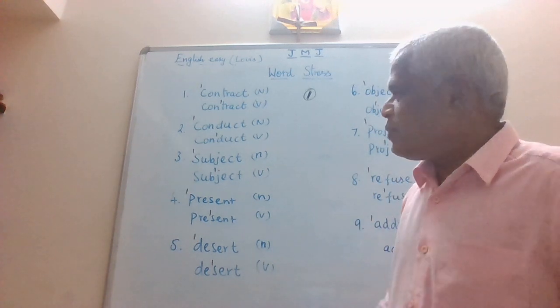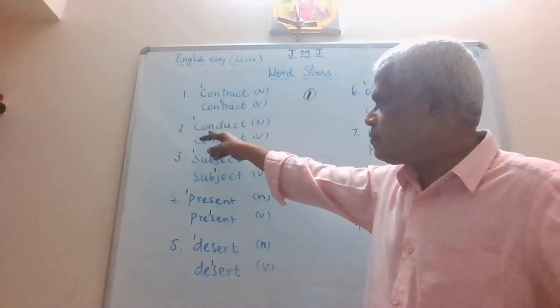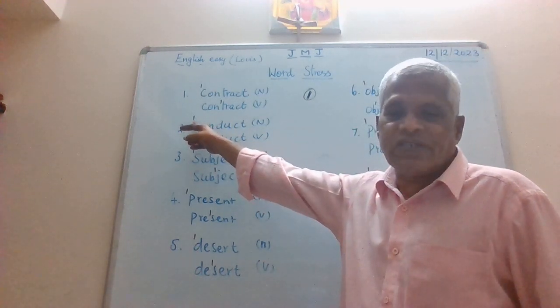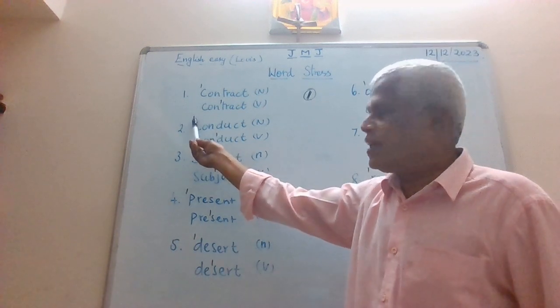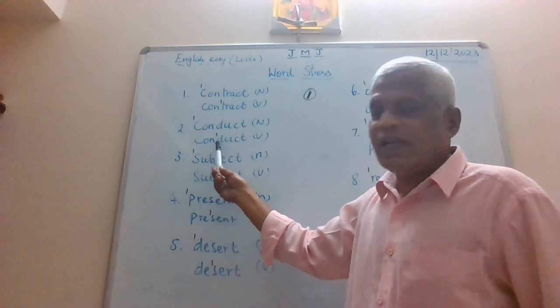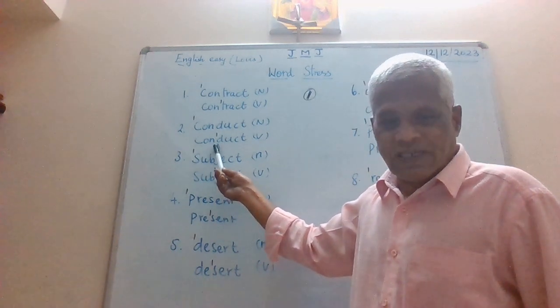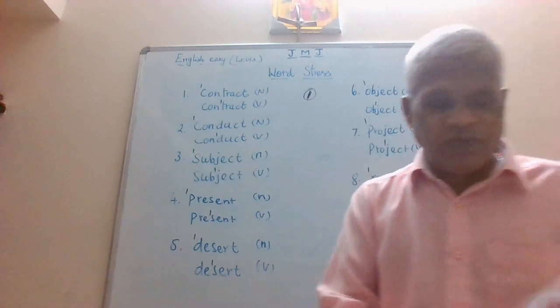Look at the second pair of words. And this is conduct. And the stress is on the first syllable here. Conduct, see, conduct. And here it is in the second syllable, conduct. Conduct, conduct. So let me show you.